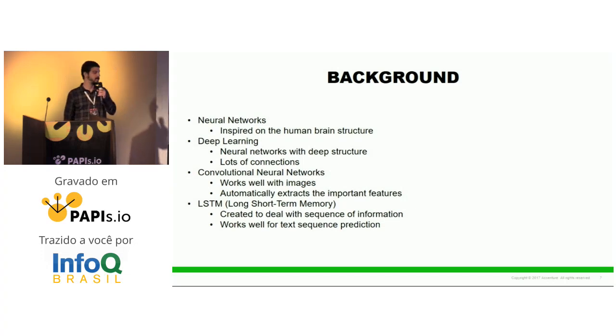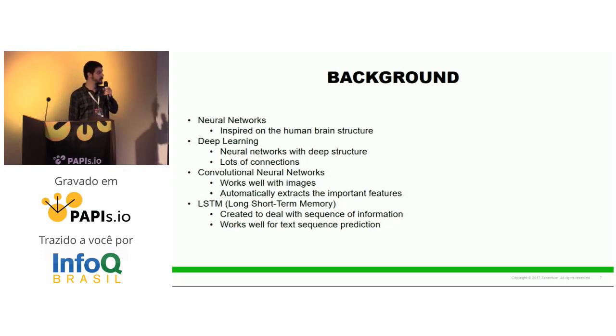Convolutional neural networks are specific architectures of deep learning that work really well with images, and they automatically extract important features. So it has this main concept of convolution, which essentially are filters that extract information of the data, here, the images. The good thing about it is that it learns these filters from the data.